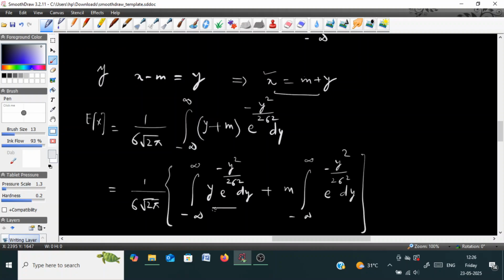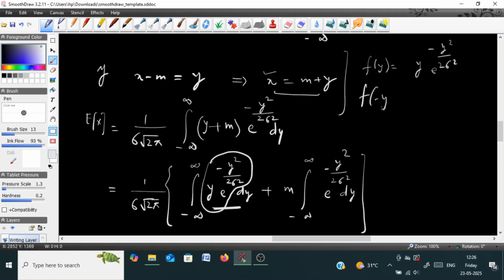If you look at this integral, it is basically 0 because this is an odd function. Okay, if I say this is a function of y, as y e raised to power minus y square by 2 sigma square, then f of minus y will become minus y into e raised to power minus y square by 2 sigma square, and that I can write as minus of f of y.